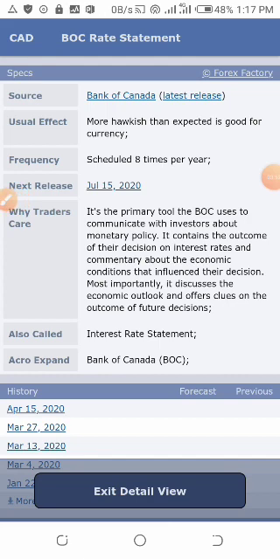So it says more hawkish than expected is good for currency. Remember we said that we have hawkish and dovish bank personnel, and the hawkish ones are the ones that offer better interest rates, and the dovish ones are the ones that offer less interest rate.